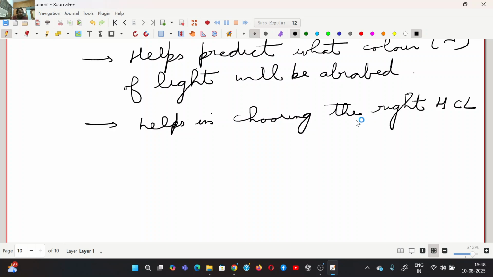So instruments that use atomic emission can be like ICP OES or flame emission spectrometer. They are also used for multi-element analysis, but here the technique is emission. But we are interested in absorption, atomic absorption, where atoms in the ground state absorb light to jump to a higher energy level.